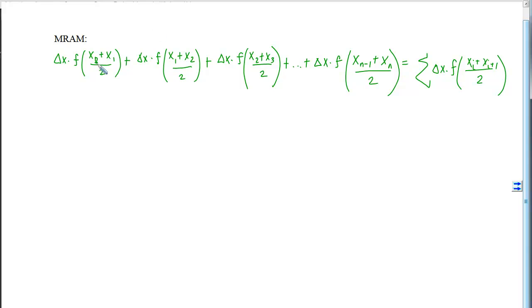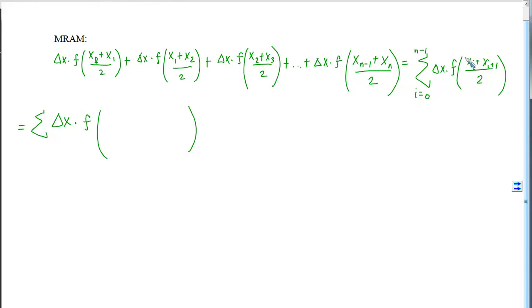So i will begin with 0, just like on the LRAM, and it will end with n minus 1, again just like the LRAM. Problem with this, though it helps us recognize the pattern and see that it's an MRAM, it doesn't actually help us compute anything because we need to know what x sub i and x sub i plus 1 really are. So that's where the work we did right before this comes into play.